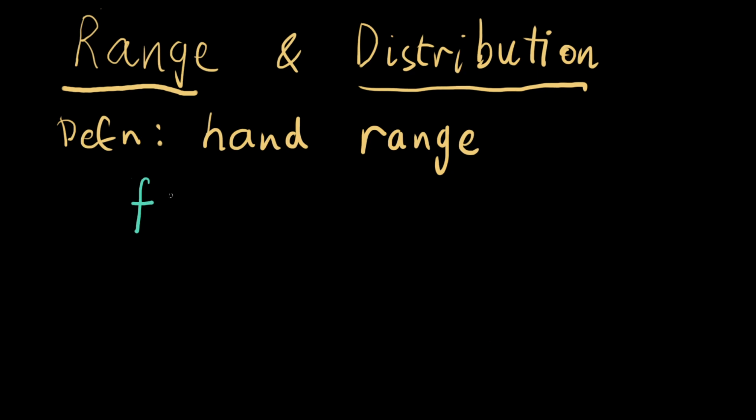It maps from the set of all hands, Omega, the set of starting hands, to the set [0, 1], the interval 0, 1. It is a function that takes any hand and maps it into this set.